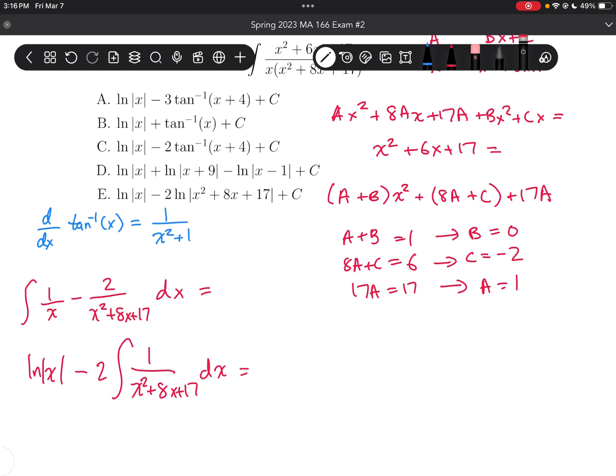So we have a 1 up here, and we do have an x squared. It's not quite the same, but maybe there's a way we can make this look similar enough so that somehow we can relate this to the derivative of arctangent. The way we're going to do this is by completing the square of the polynomial in the denominator.